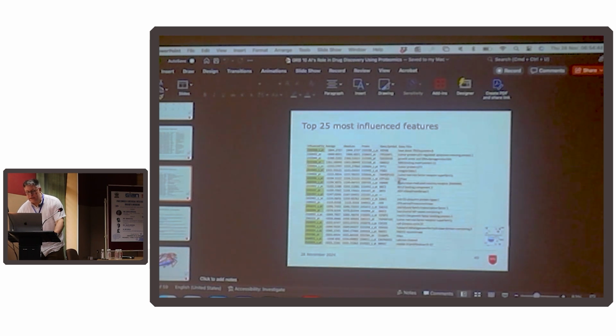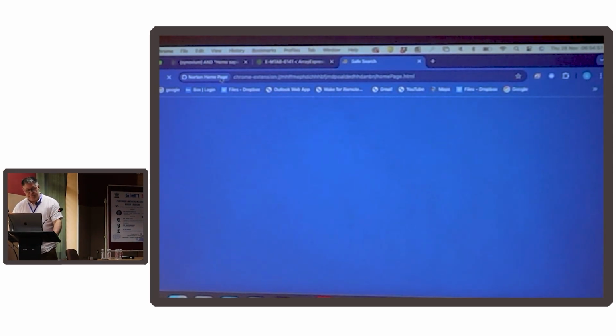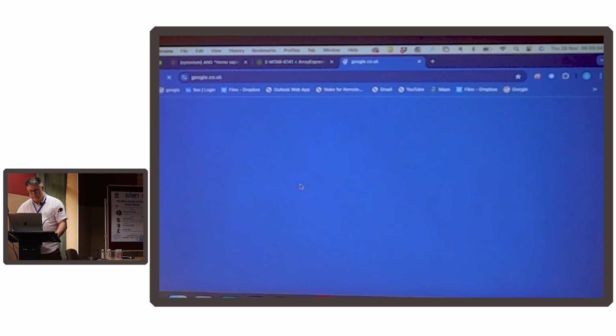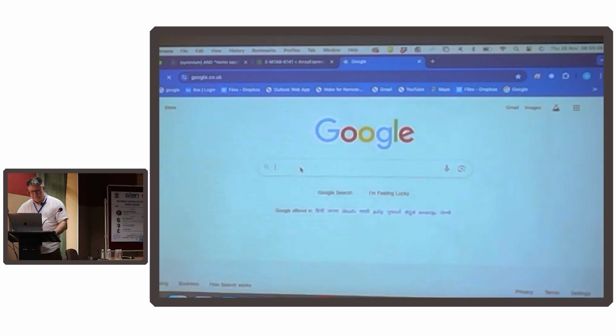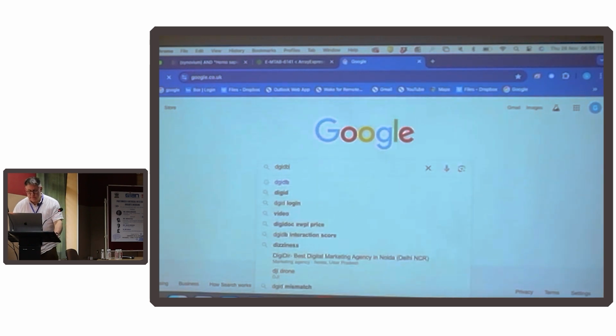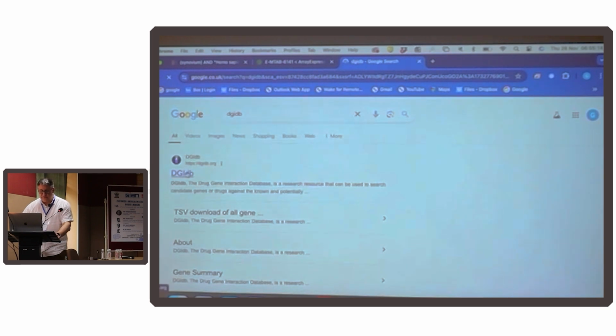So let's pick a strong driver, GADD45B. I go to search DGIdb. This is the Drug Gene Interaction Database.